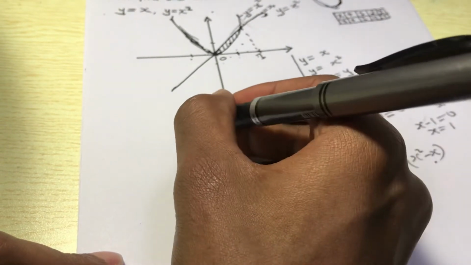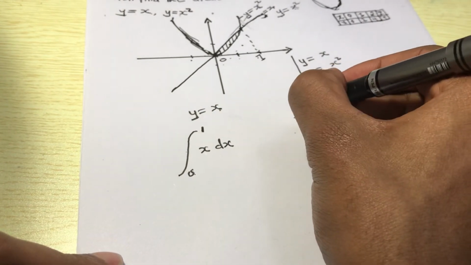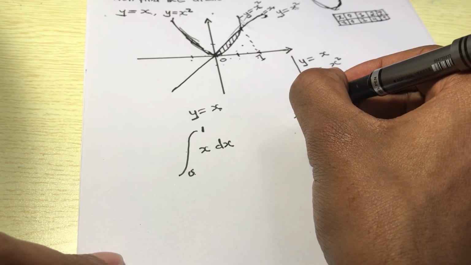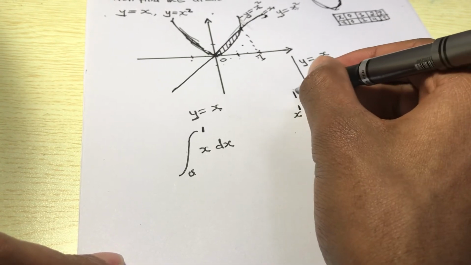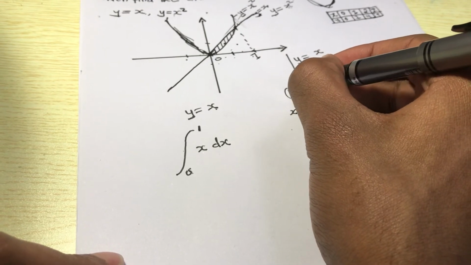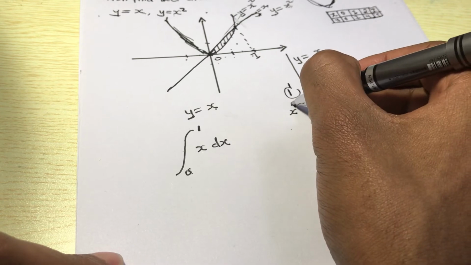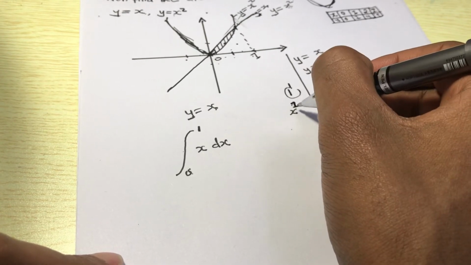Okay, this one, if you integrate x, we know the power of x, any base number, the power of that base number is 1. It doesn't appear. Even if you don't write it, always know that 1 will be there.